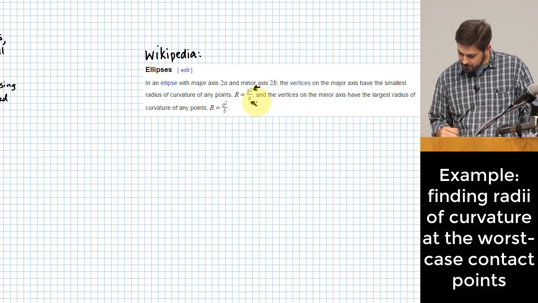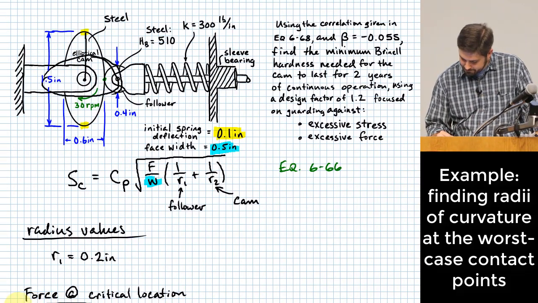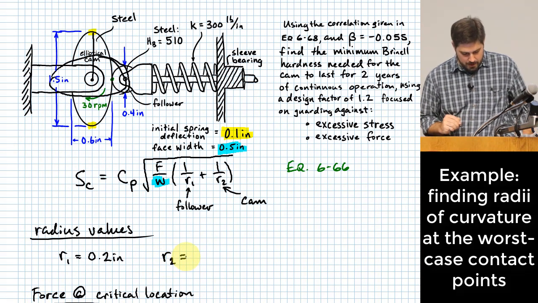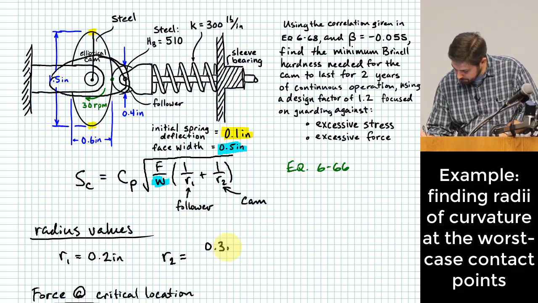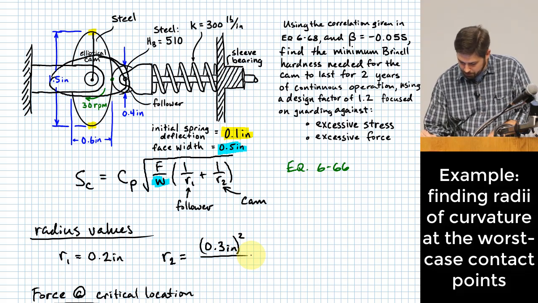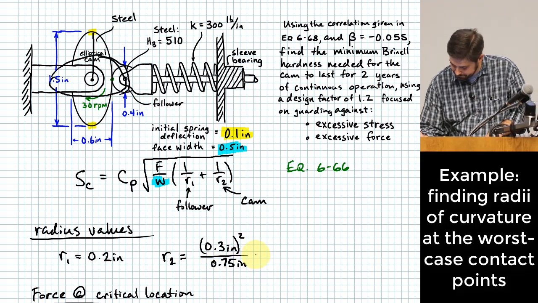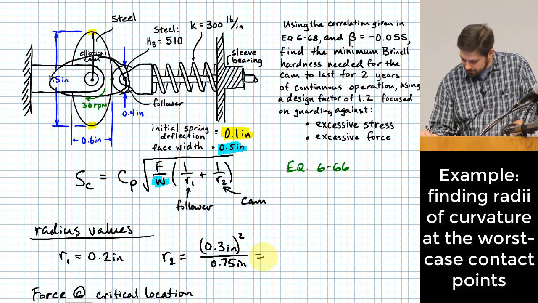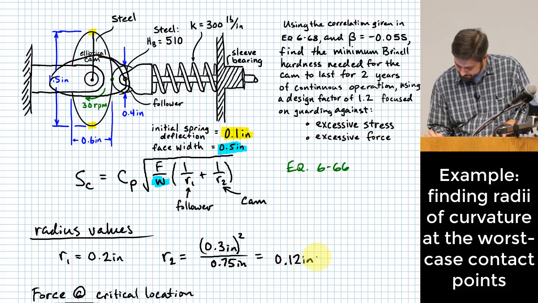So b squared over a. And what we find there is that we have 0.3 inches squared over 0.75 inches. This gives me a value of 0.12 inches.